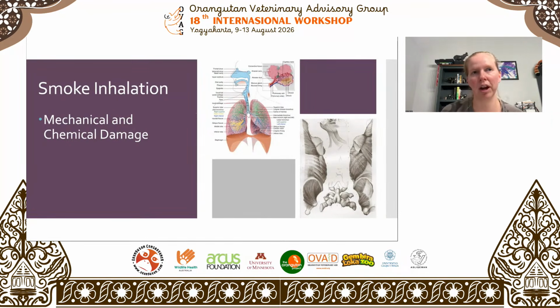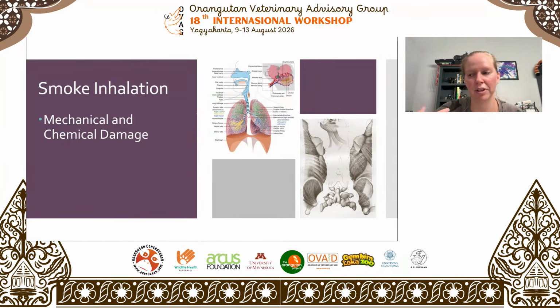So the smoke and the heat can lead to direct mechanical issues. Usually that's going to be upper airway swelling, so swelling in our pharynx and in our nasal passages is going to cause an upper respiratory obstruction. And then we can also get chemical damage, and that tends to be things down lower in our lungs, where it might kill off the cells in our lungs that make our surfactant.